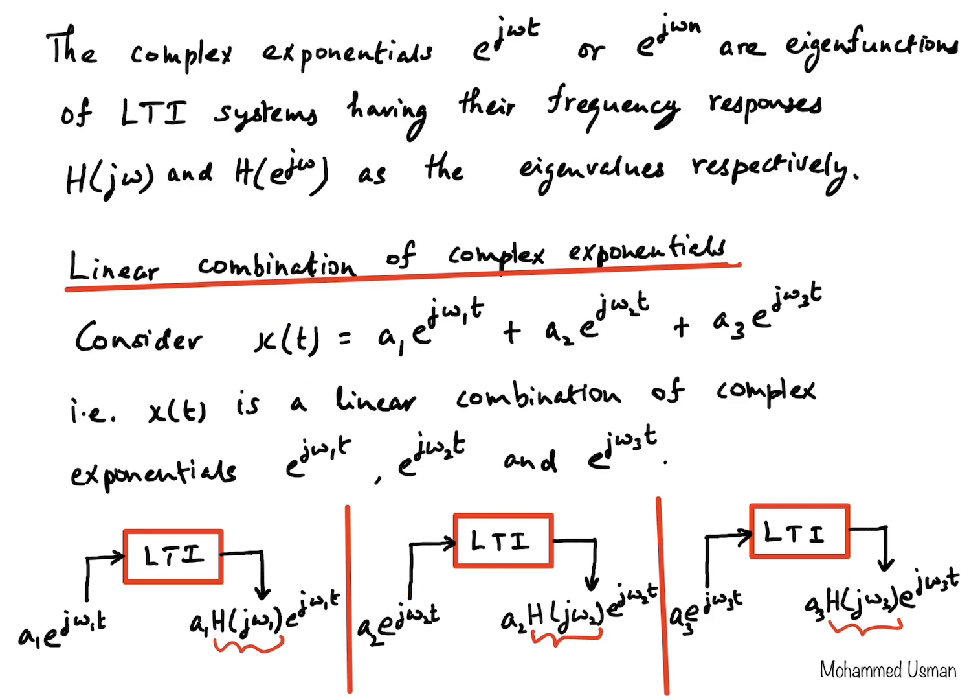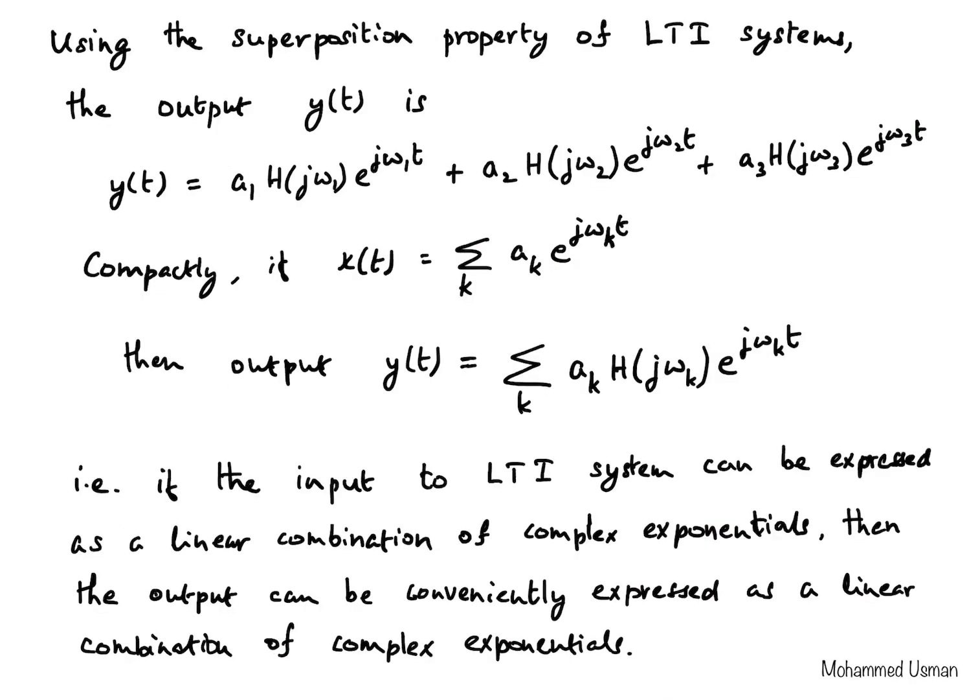So if our x of t is a linear combination of these complex exponentials, then the output from the superposition property will be a linear combination of these individual outputs, with the same linear combination as in the input signal case, right?